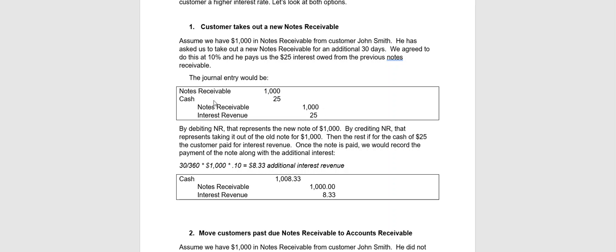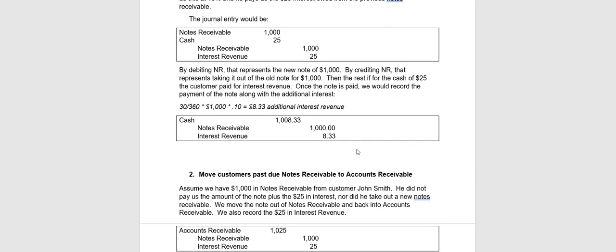Since he paid you the interest revenue earned to date in cash, I debited cash for $25 and credited interest revenue for $25. Now keep in mind there will be additional interest for that next 30 days. So therefore, let's assume 30 days later that he does pay us the amount due plus the additional interest.